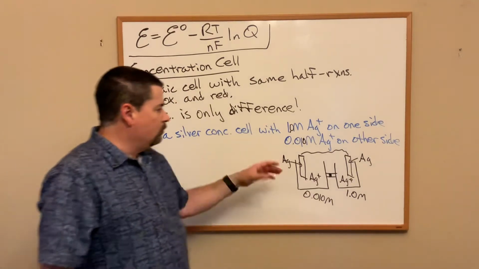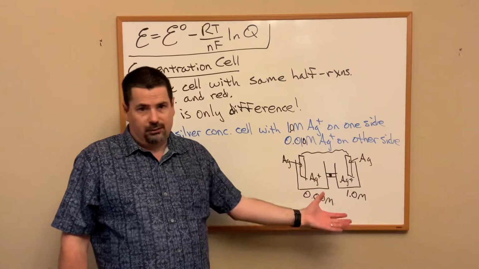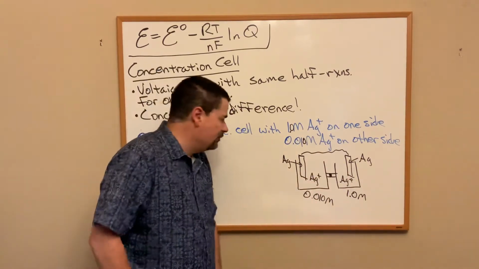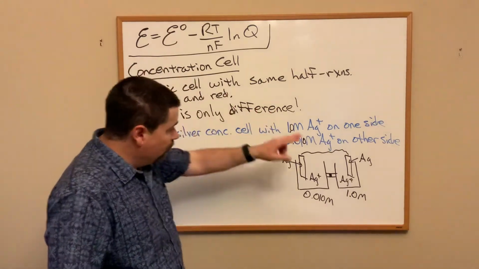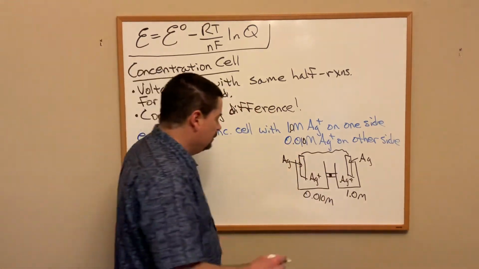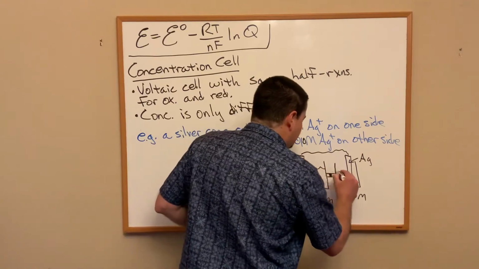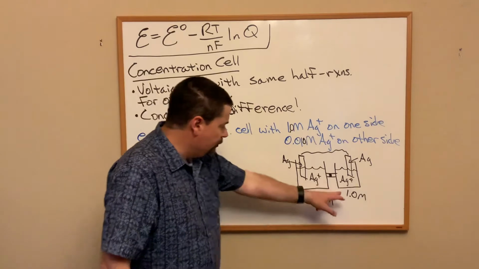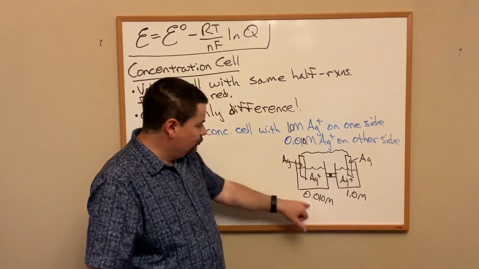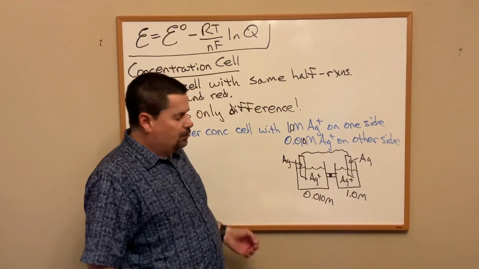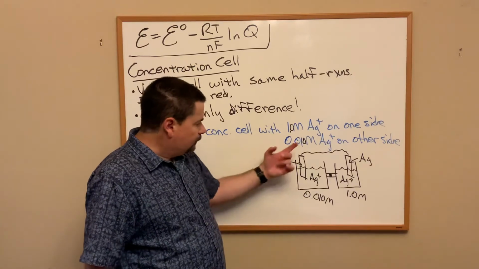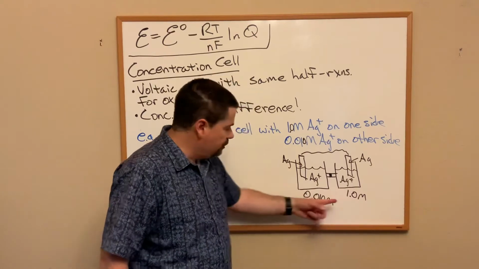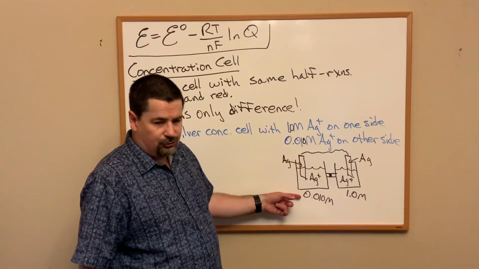Now, if these were both 1 molar, there would be no current flowing because they're the same on both sides, so nothing happens. But if we have 1 molar silver over here, let me add in my electrolyte here, there we go. We have 1 molar silver plus over here on the right, and 0.01 molar on the left. Well, by Le Chatelier's principle, this side should try to get lower in concentration, and this side would try to get higher in concentration.